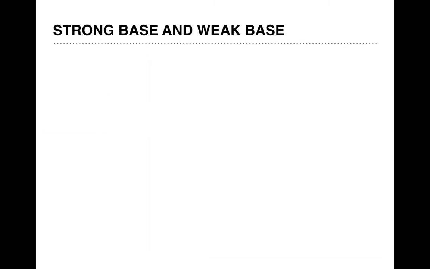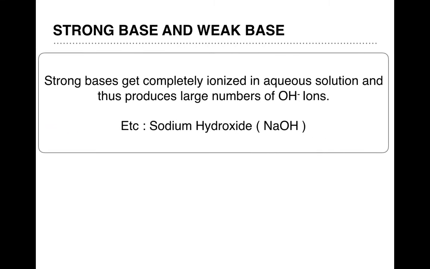So again we are coming to the part of strong base and weak base. Look, the analogy is the same as what we learned when we went through strong acid and weak acid. Strong acid means a higher number of H plus ions, because H plus ions identify acid, right? So for strong base, a large number of OH minus ions, because OH minus ion identifies base.